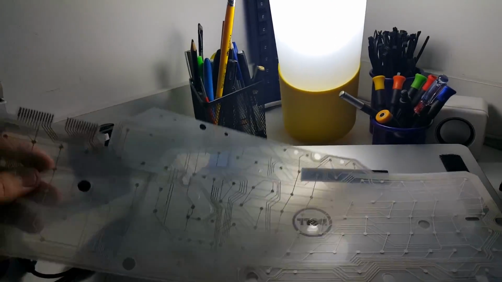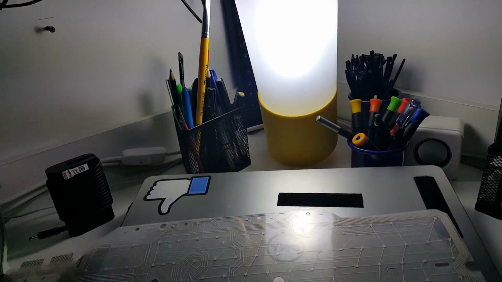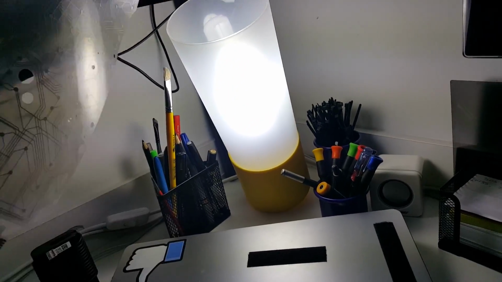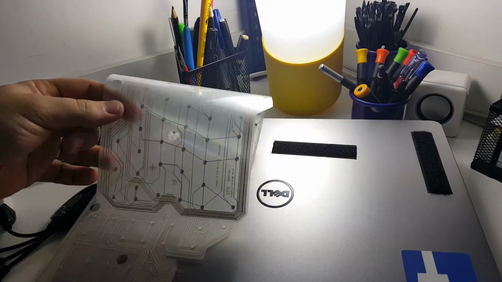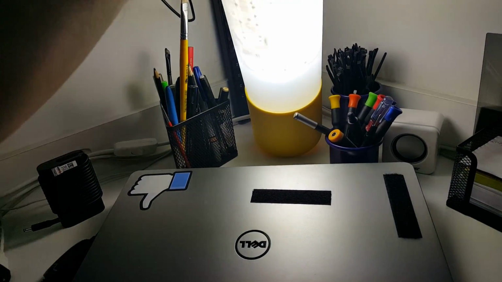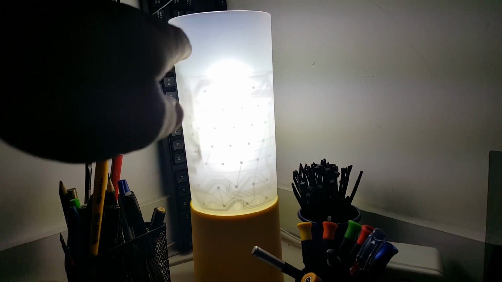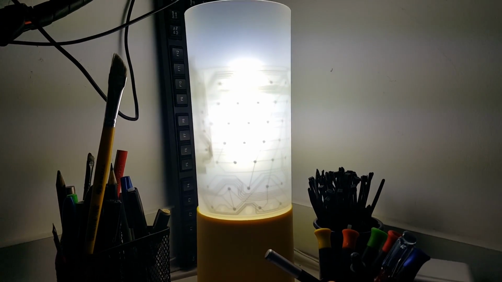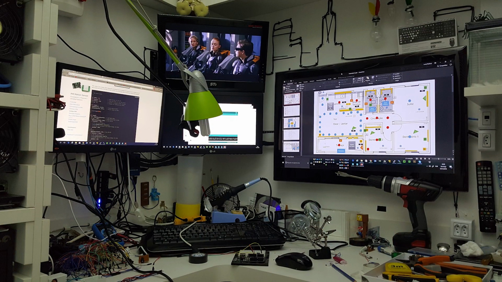I took this little plastic that was inside of it, and then I realized that if I put in a lamp or something, it would look tacky. So what I did was just put it over here, and then look at that. It's nice. I'll try to cover a little bit more in the next video.